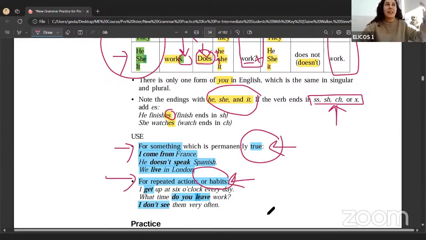What do you do every day? What time do you wake up every day? What time do you go to bed every day? When do you go to play your games? How often do you play your games? Habit, more than once, not just an action that you do one time, but you do this action again and again and again. That's why it's called a habit.